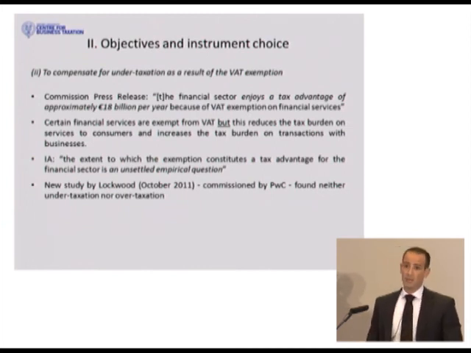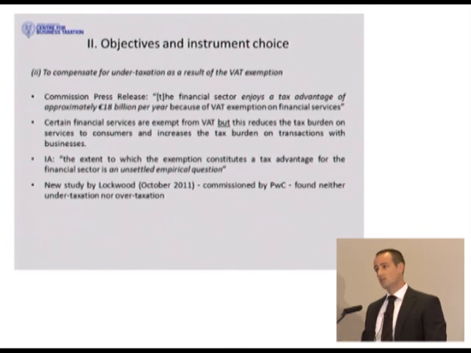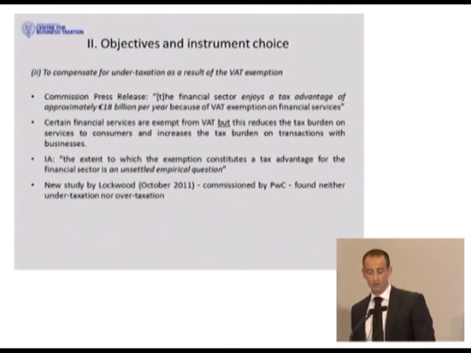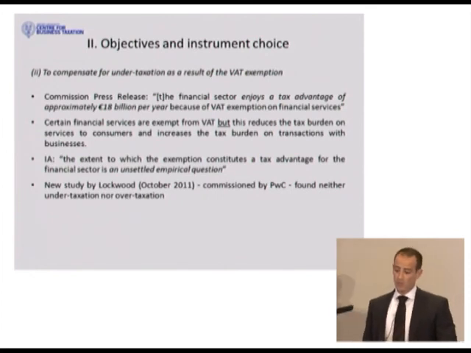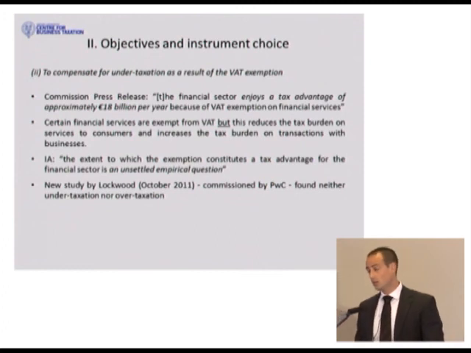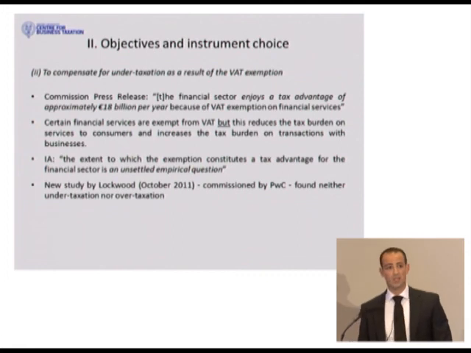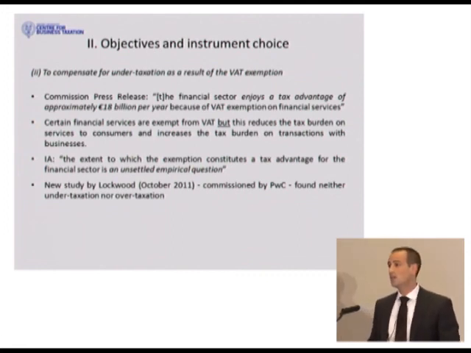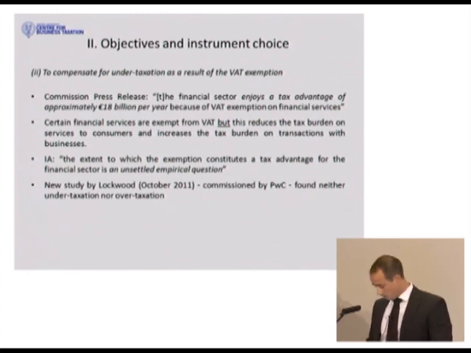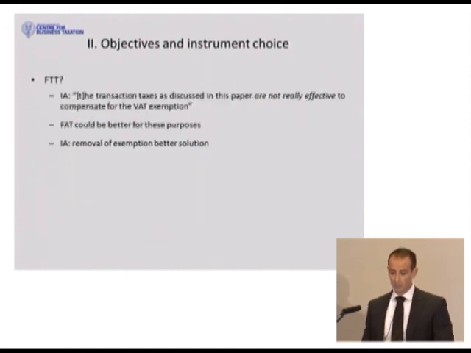Some studies do show that it leads to an undertaxation. However, there have been studies, including the one by Lockwood, which was commissioned by PwC, which found neither undertaxation nor overtaxation. The point I'm making isn't that the Lockwood study is better than the ones that find undertaxation, but that, as the Commission itself recognized, this is an unsettled empirical question, so it's not really reasonable to use it as an objective.